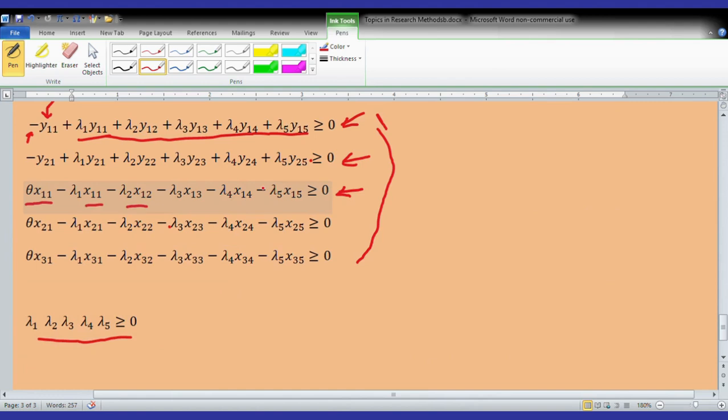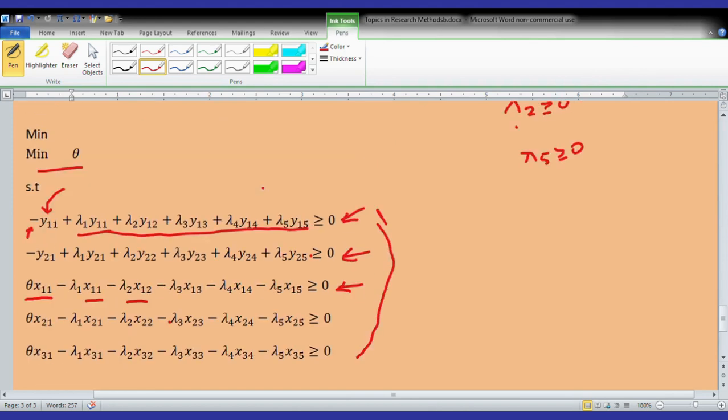So this is the dual of the maximization problem, and then we want to write this system in compact form. How I am going to do this is as follows: minimize theta. Theta is a scalar. And then I am first writing down this thing.